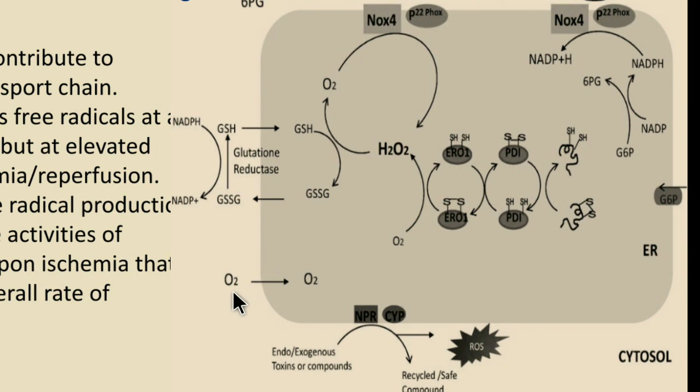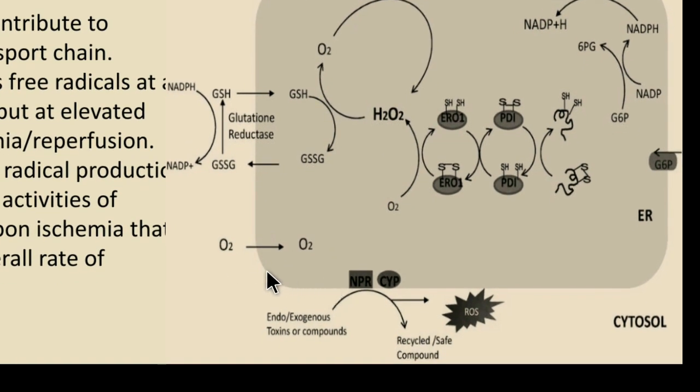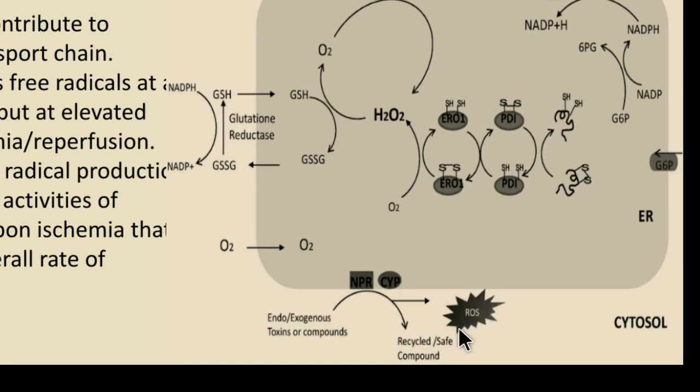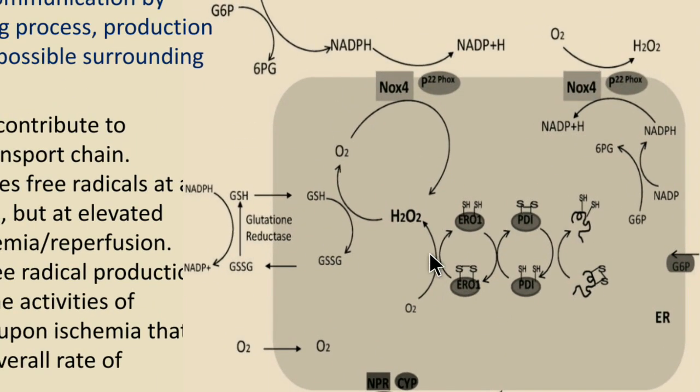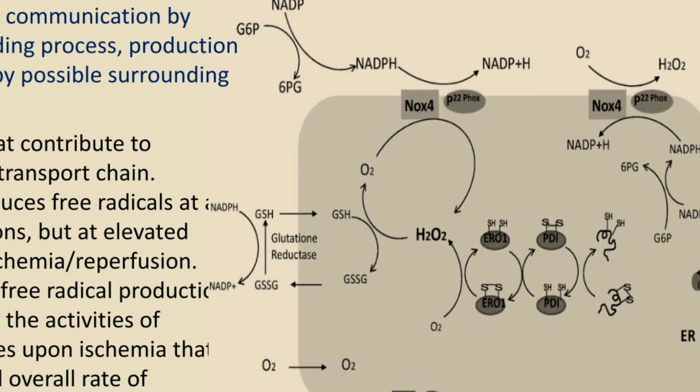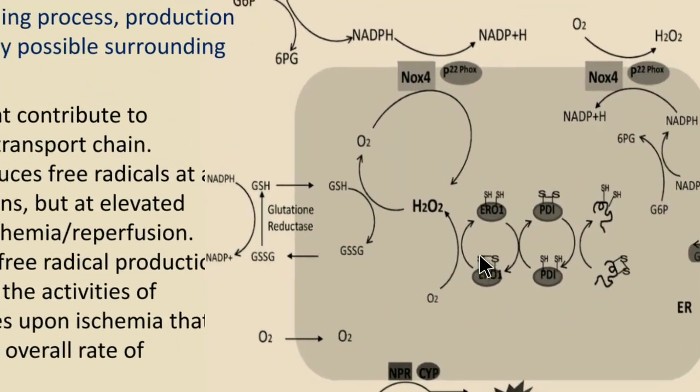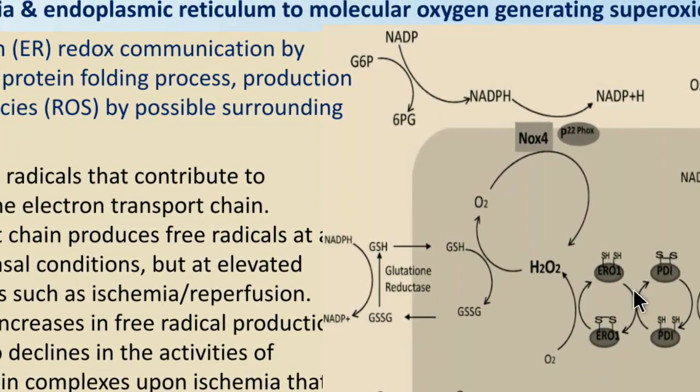Here also you can see that with different sources there is the influx of oxygen, and there are certain toxin compounds which form ROS, which will be recycled, in the sense that these ROS will be converted to neutralized, safe compounds. So in this manner there will be the release of the free radicals during the electron transport chain process, and also during protein processing or protein folding within the endoplasmic reticulum.